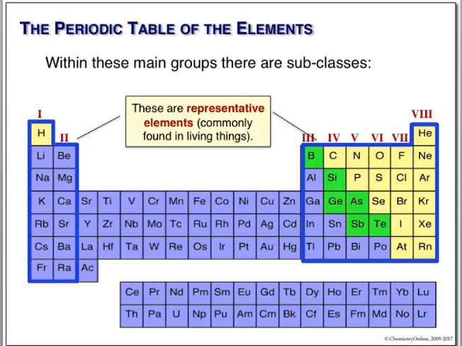Really wrong. Because lots and lots of these guys in the middle also occur in living things, very important enzymes in your body, etc. But these are, again, historical, the representative elements. We'll also see that we're only going to deal with these particular groups of elements because discussing their atomic structure, exactly how the electrons are arranged, is really pretty simple. When you're talking about these guys, it gets much more difficult.